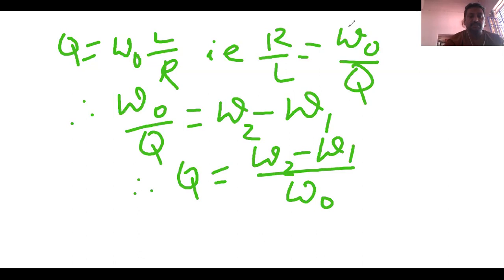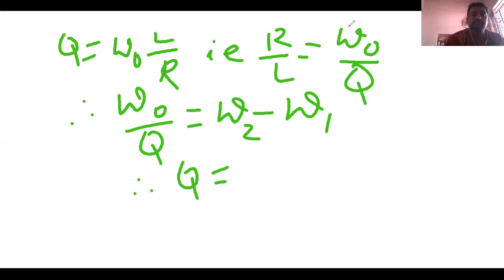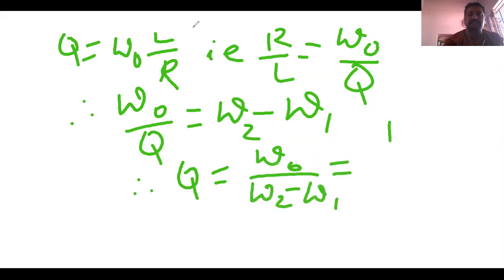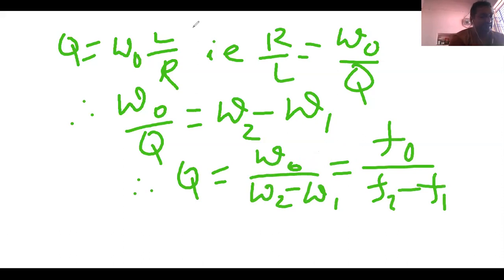So Q = ω0/(ω2 − ω1). Sometimes they may write it as resonant frequency divided by bandwidth, in terms of the frequencies f2 − f1. So this is about the quality factor.